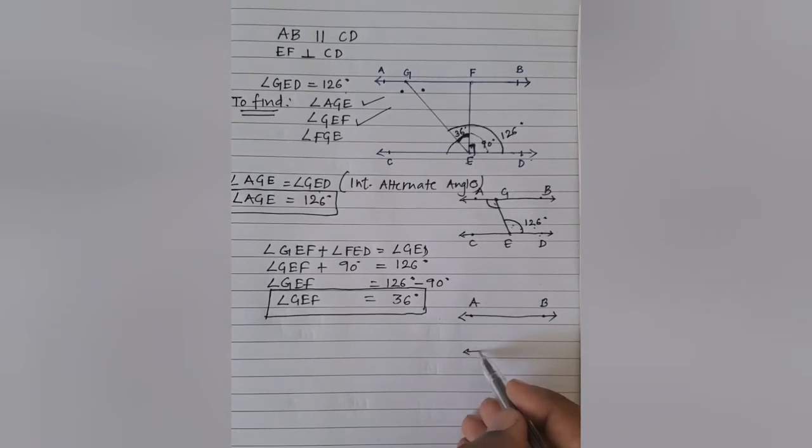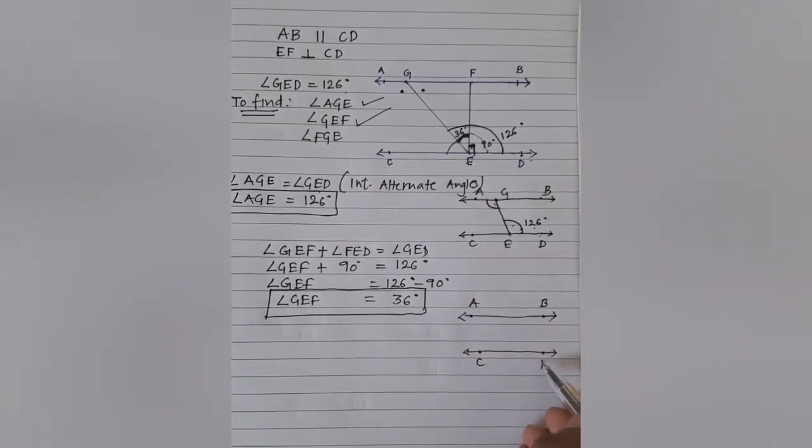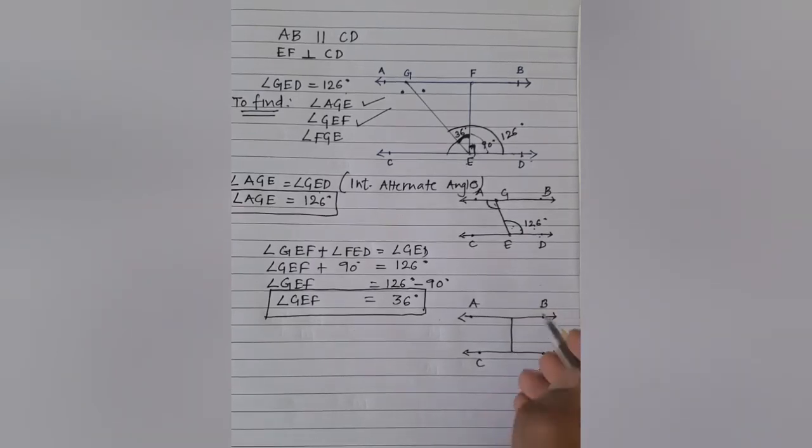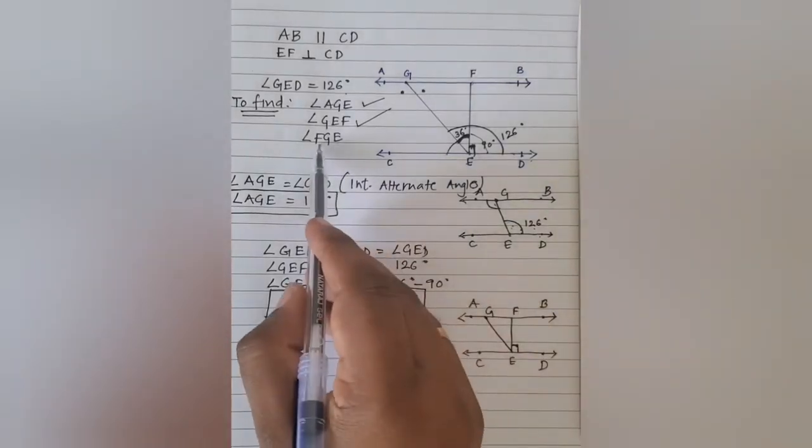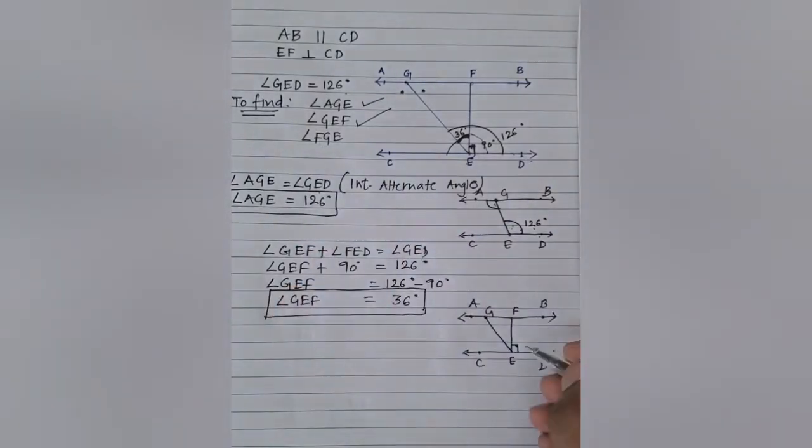So we have AB, we have CD. We had this as FE, and this was 90 degrees. We have this point G, and over here we are supposed to find FGE. So where is FGE? This particular angle.